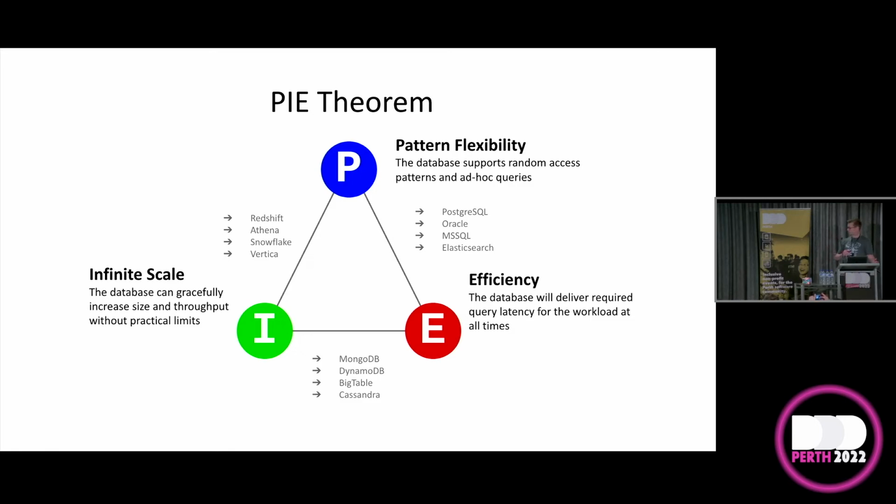A NoSQL database is an IE system, typically, because it scales very well, it's got great efficiency, but you can't do flexible queries that you haven't planned for to begin with. A queryable data lake might be an IP system, huge scale, low efficiency. So when you next need to choose a data store, you should consider this model as well.